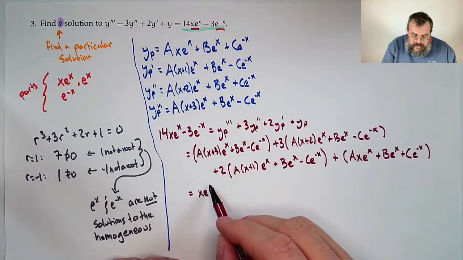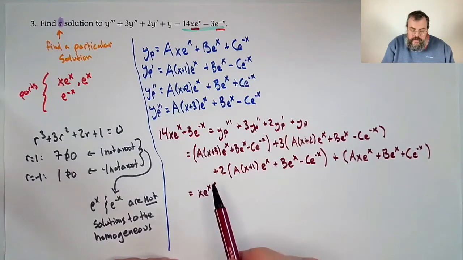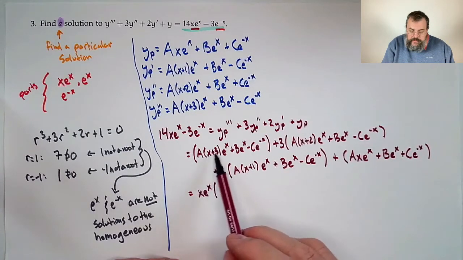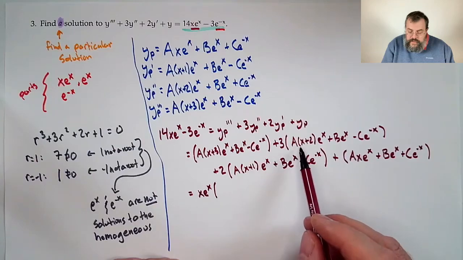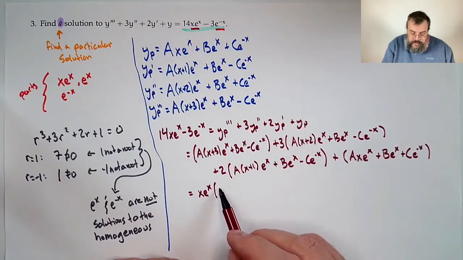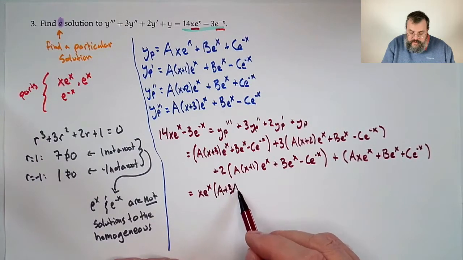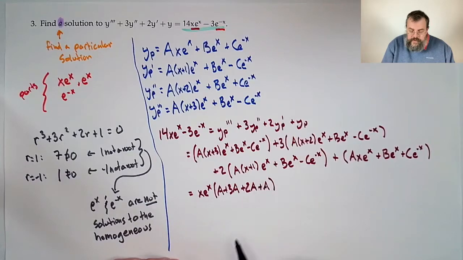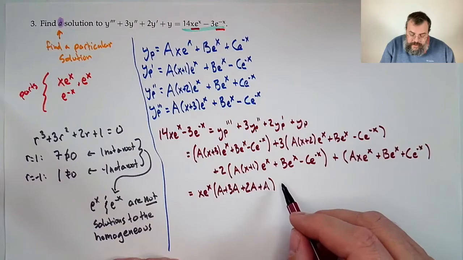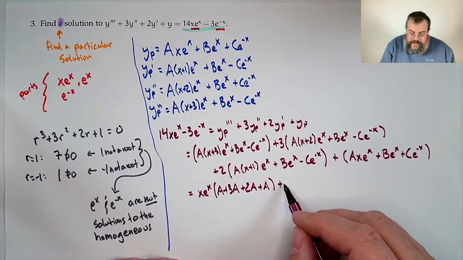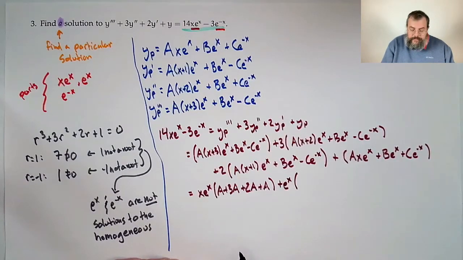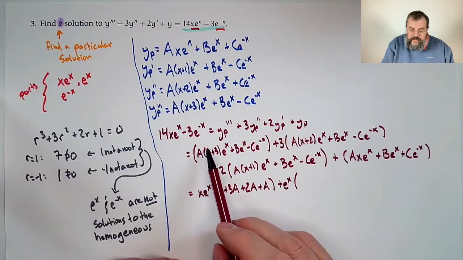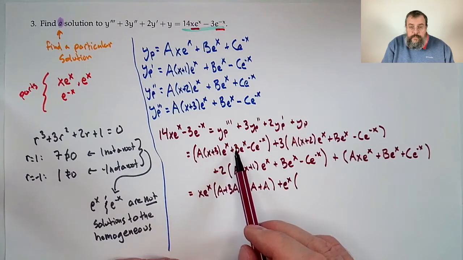x e to the x. What do we have? Well, we have an a from the first one, 3a from the second one, a 2a from the third one, and an a from the last one. All right, so those are all the x e to the x terms. Now, the e to the x, this one's going to be fun. Notice that there's 3a plus b.